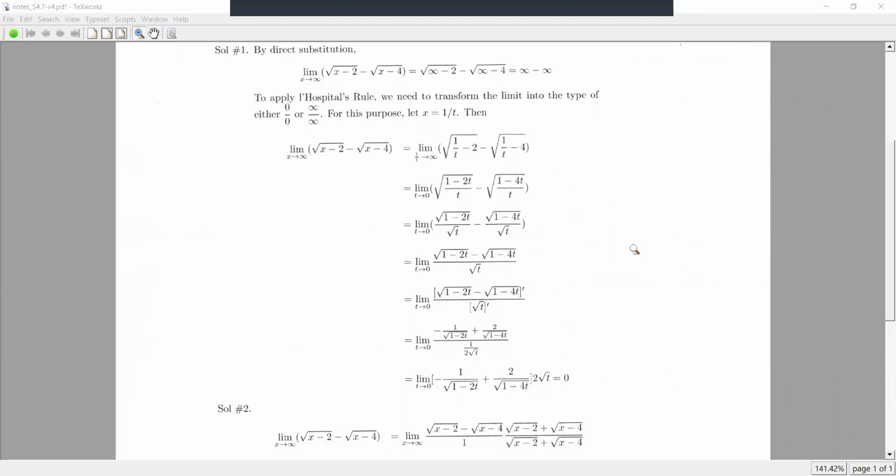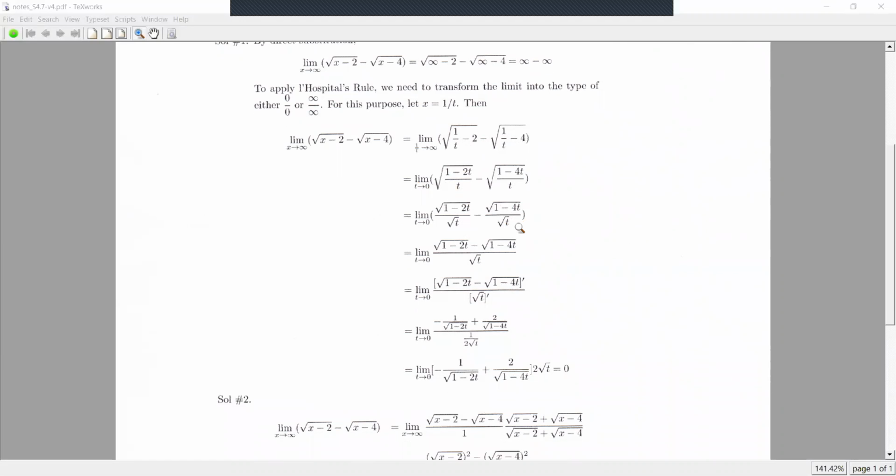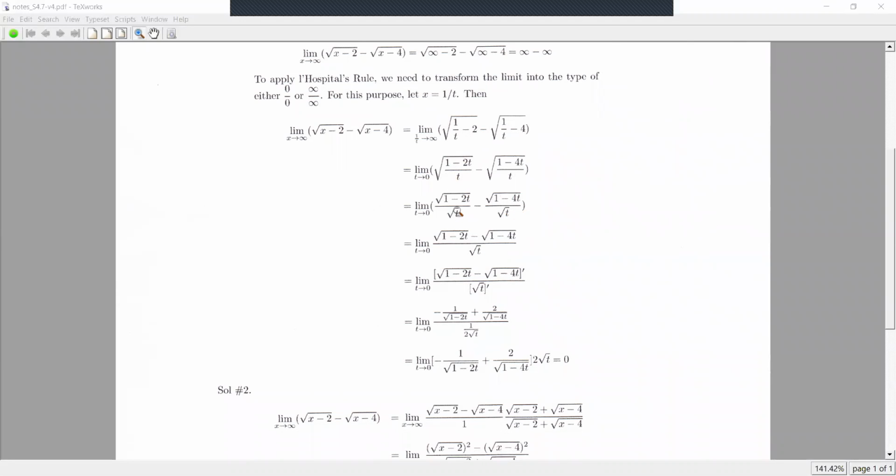Now, basic algebra. The square root of a fraction is the fraction of square roots. Because these two terms have equal denominators, I can combine them to get this limit.